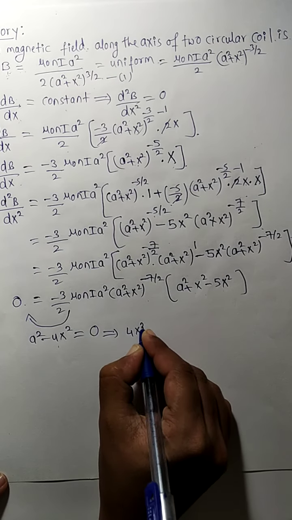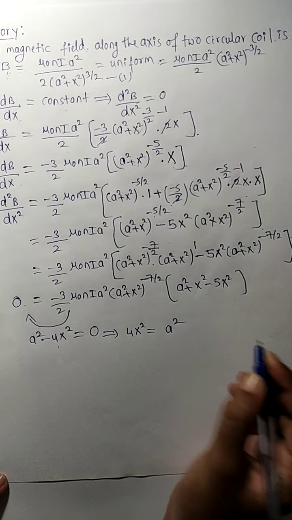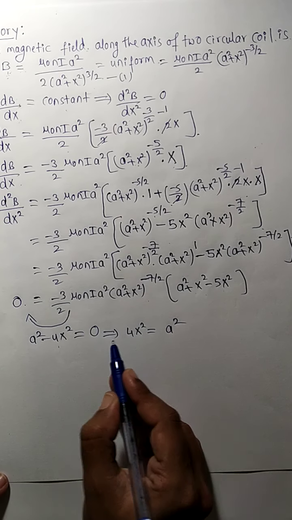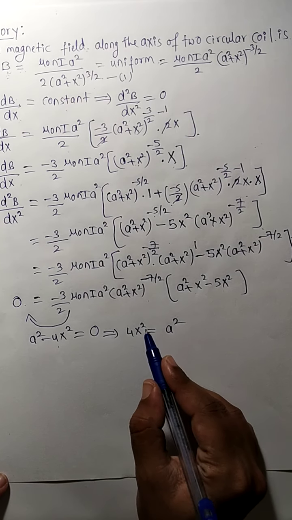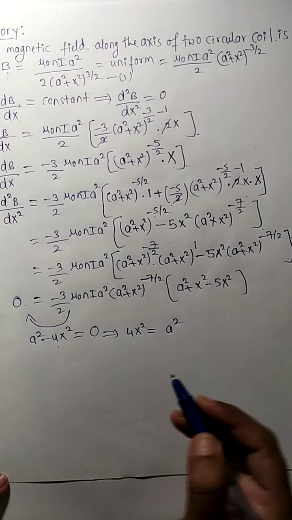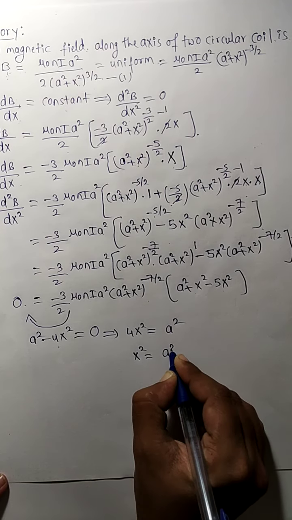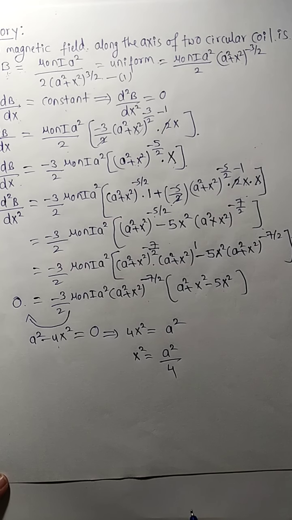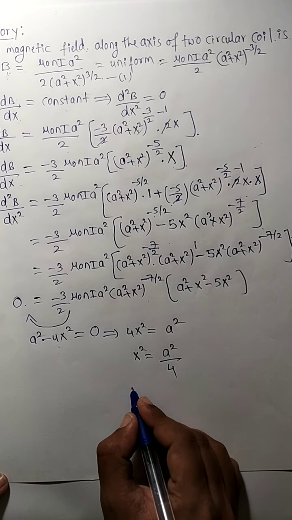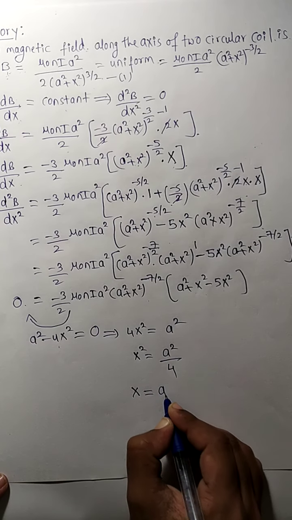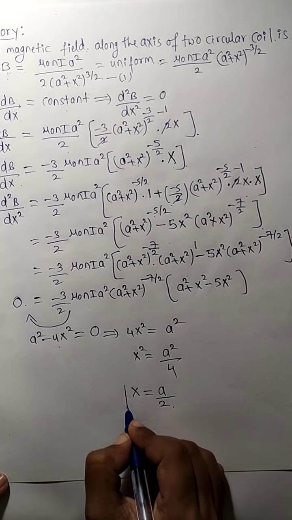We will get 4x square is equal to a square. Transfer minus 4x square to this side, so you will get positive. That is 4x square is equal to what? A square, meaning x square is equal to a square divided by 4, isn't it? And on taking the square root on both sides, what would you get? You are getting x is equal to a divided by 2, isn't it?